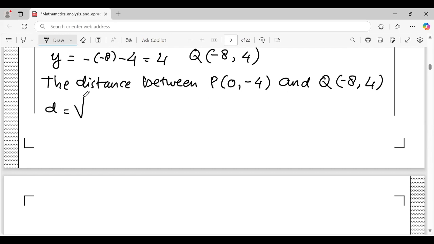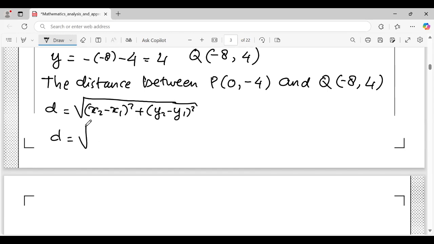Distance equals the square root of x2 minus x1 squared plus y2 minus y1 squared. x2 is minus 8 minus 0, squared, plus y2 is 4 minus negative 4, squared.